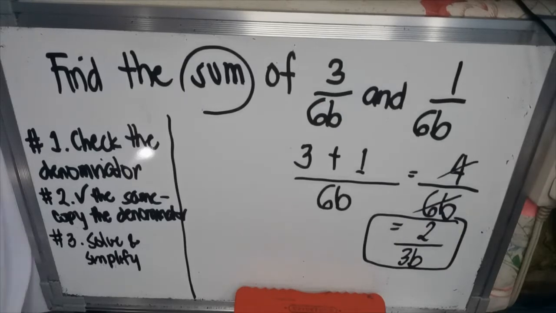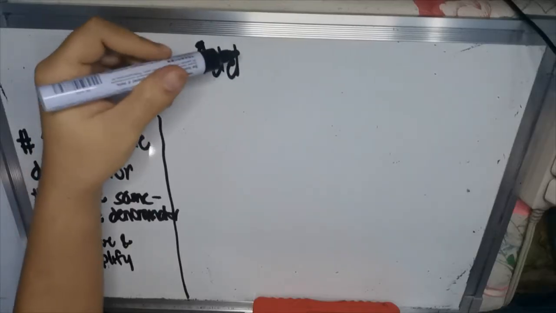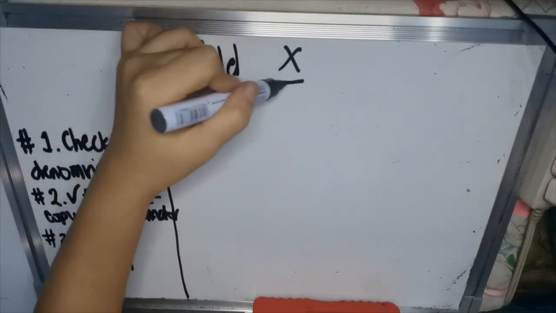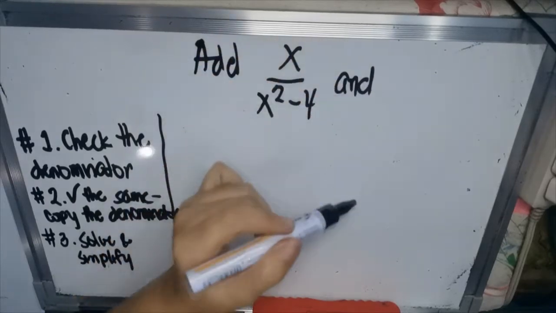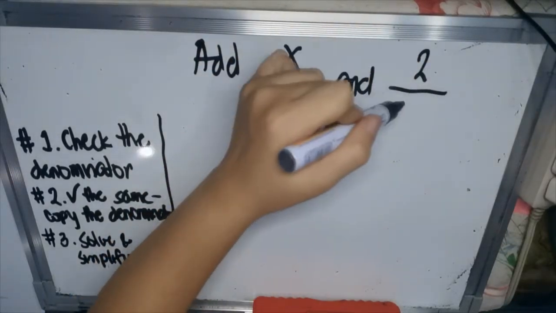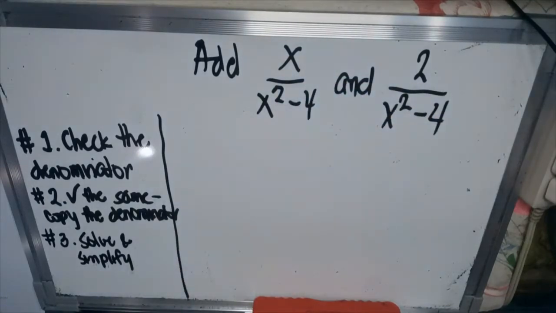So, let's have another. Add x over x squared minus 4 and 2 over x squared minus 4. So, you are asked to add x over x squared minus 4 and 2 over x squared minus 4.